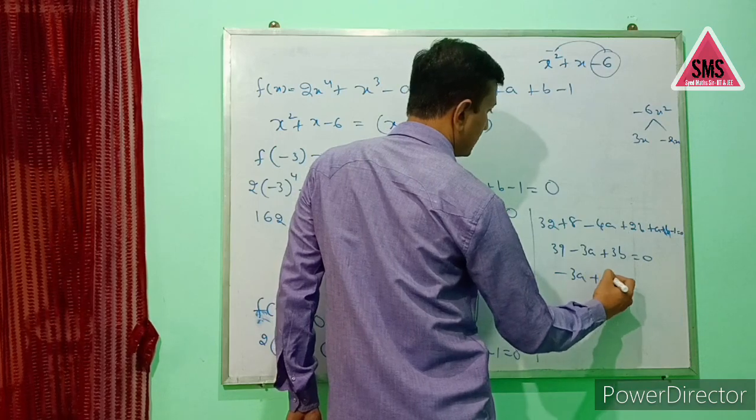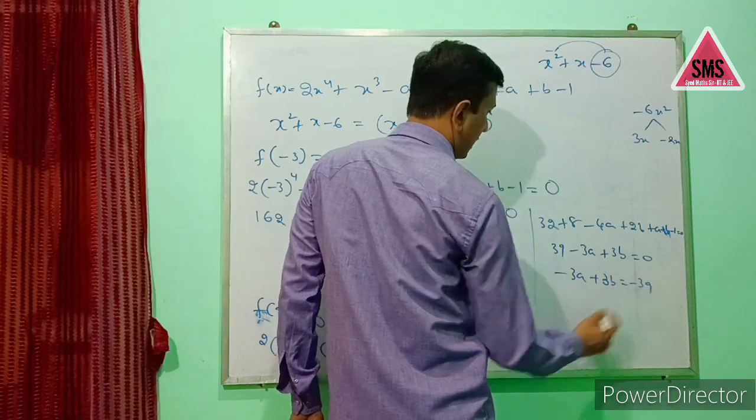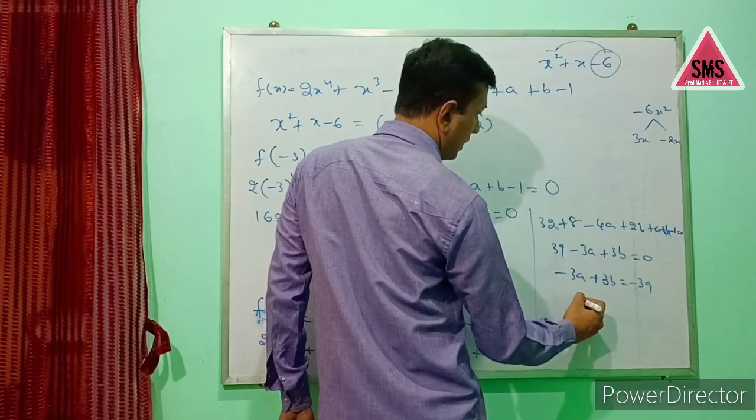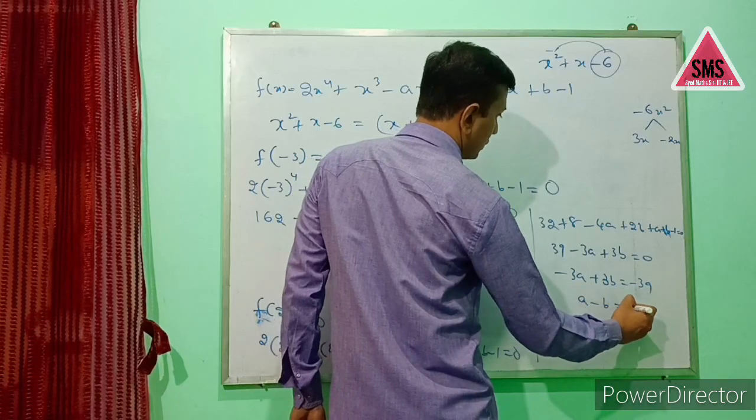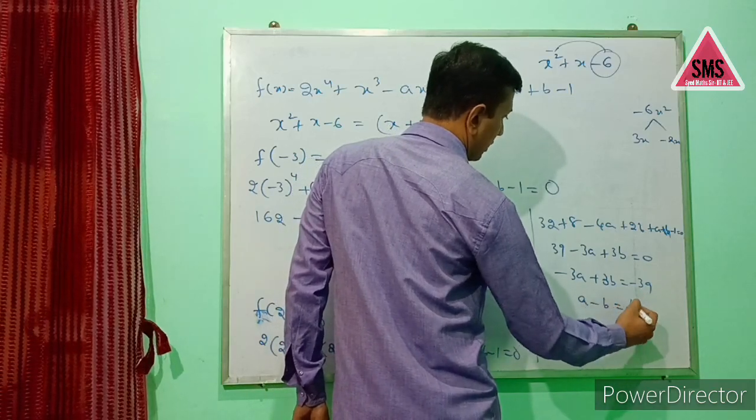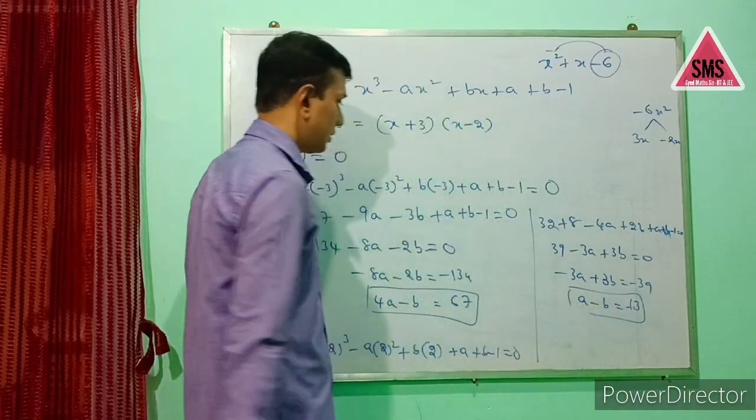So minus 3a plus 3b is equal to minus 39. Take minus 3 common: a minus b is equal to 13. This is the second equation.